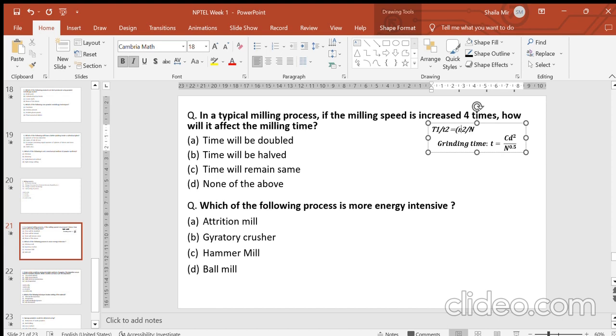So you can calculate T1 by T2 is equal to N2 by N1 raised to power 1 by 2, right?